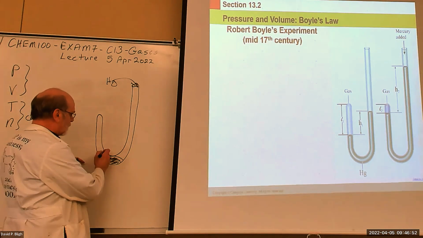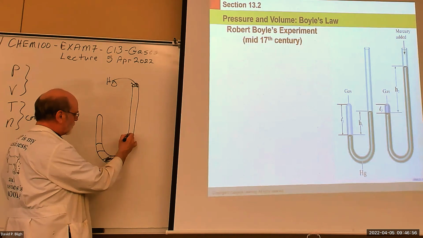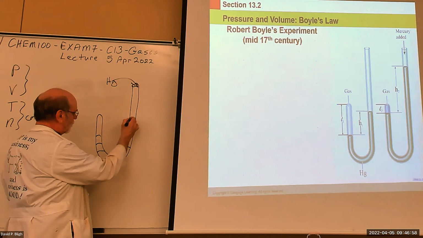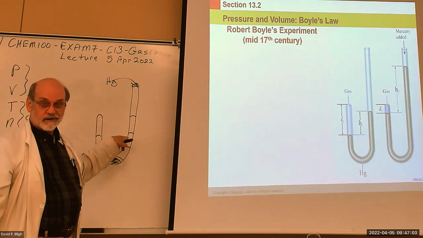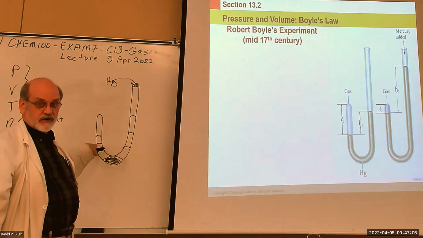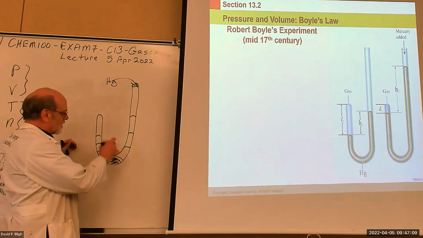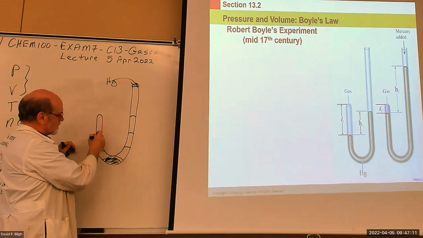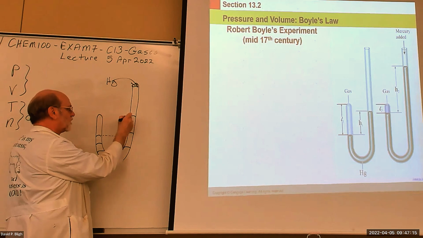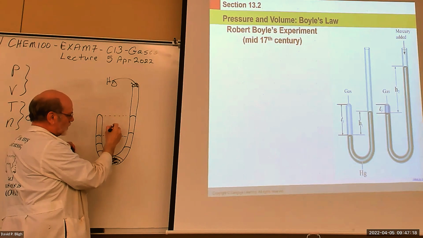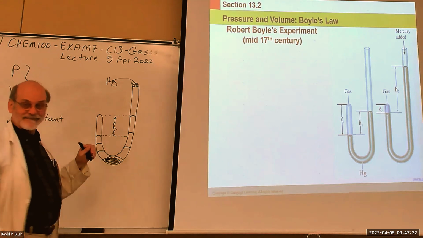And then he just kept adding mercury. What he noticed was, this side gets higher, but this side doesn't increase as fast. So he reasoned that the pressure on this gas in that container was the difference between these 2 levels. Okay?